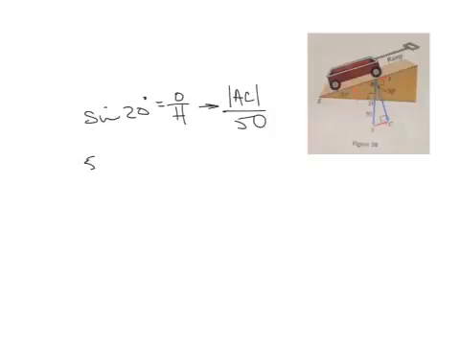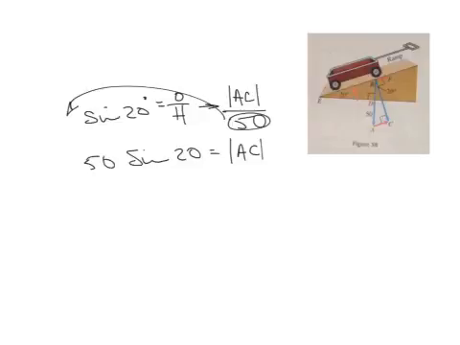So we multiply 50 times the sine of 20, and that is going to be the magnitude of AC. You get approximately 17. And that's it. The key thing here isn't the math, it's figuring out what in the world they want you to do. Okay, I'm going to go with a new video. We're going to do 2 more examples and then be done.